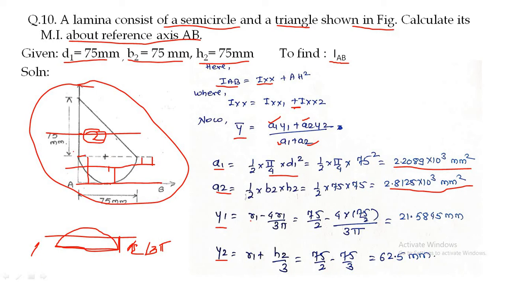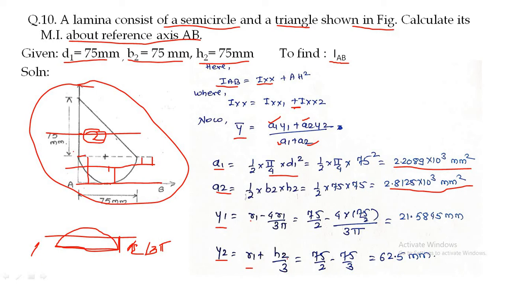But when we are considering from the bottommost part of the plane, we have to add this distance to the base also. So what is this distance? This is the radius of the semicircle. So to find y2, we will add r1 and h2 by 3.